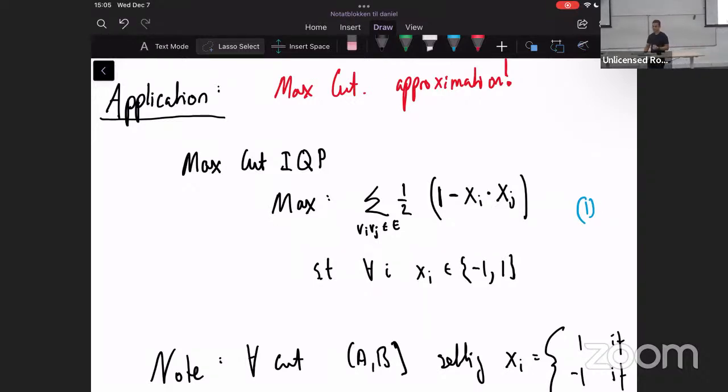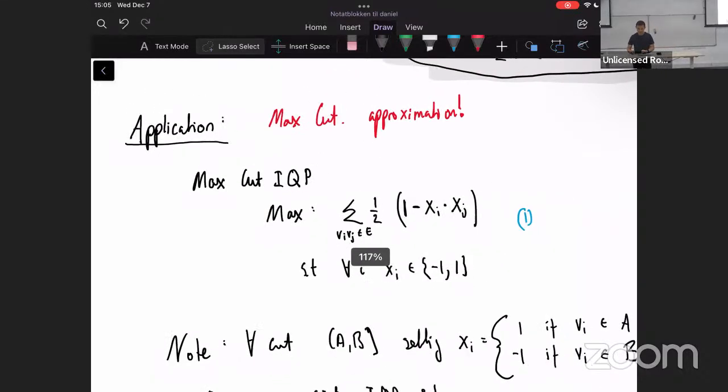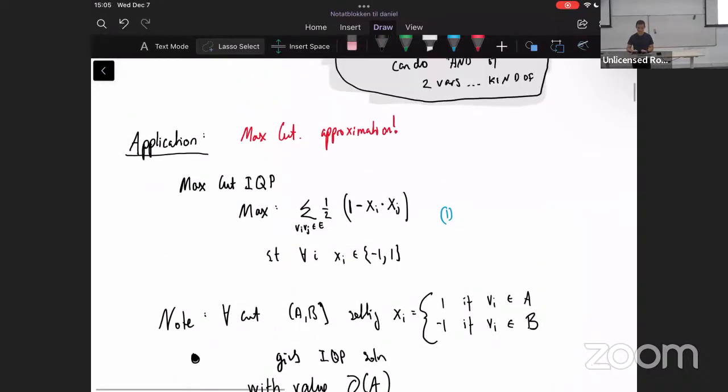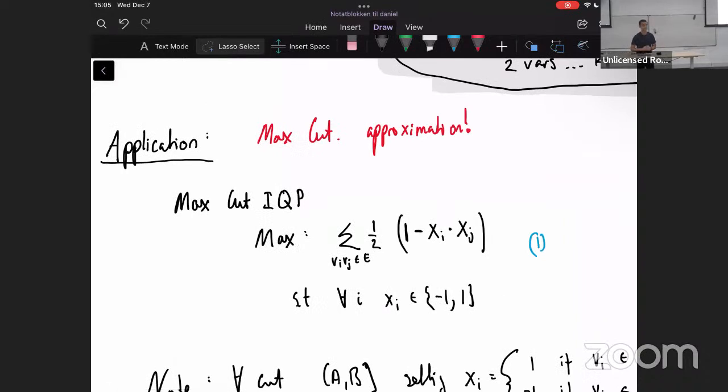So what we're going to do now is get an algorithm that is a 0.878 approximation. So it's an approximation algorithm with ratio that's really close to 1. What does it mean to have an approximation ratio that is less than 1? It's actually 1 over that, right?